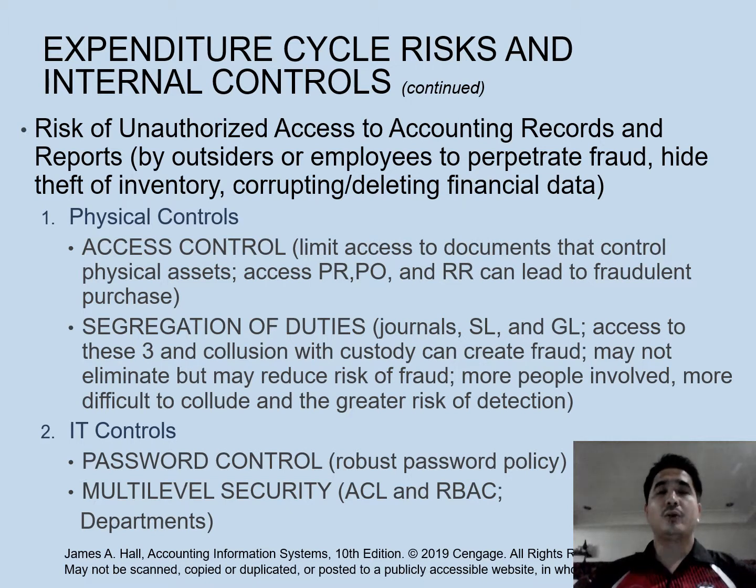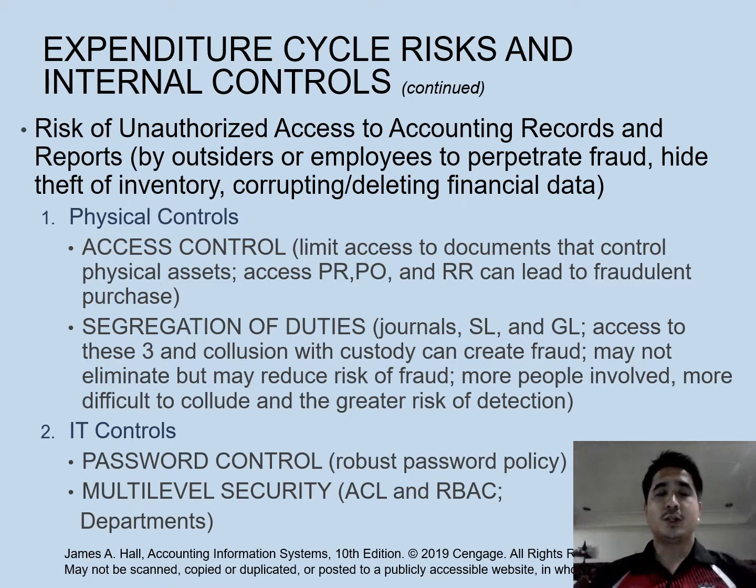Usually, accounting records are used to hide misappropriation of assets such as cash and inventory. Or at times, if they do not misappropriate, they would just like to sabotage the company, corrupt the files, and delete the files.